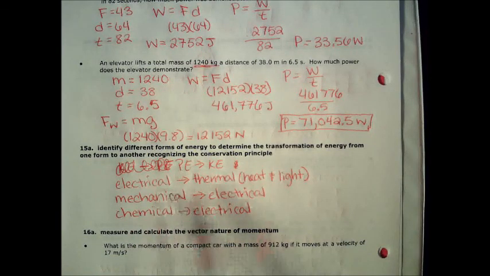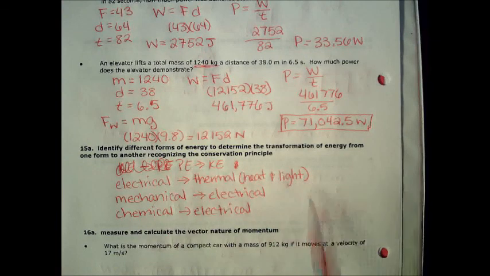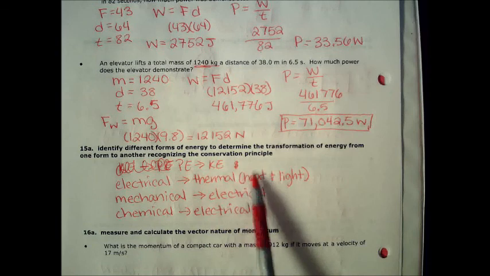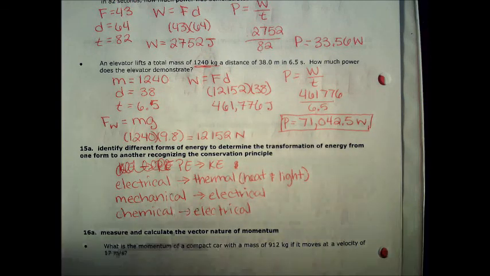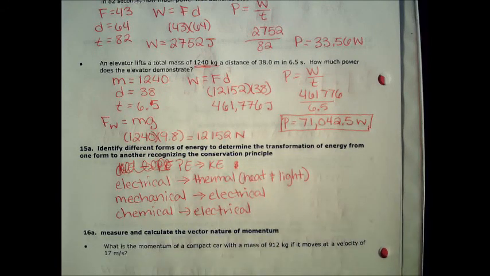It takes electrical energy and turns it into heat and light. Mechanical to electrical. This is what a generator does, whether it's a hand crank generator like the ones we played with in lab, or a water wheel turning mechanical into electrical. Chemical to electrical is going to be batteries. There is some sort of chemical reaction that's creating electrical energy.